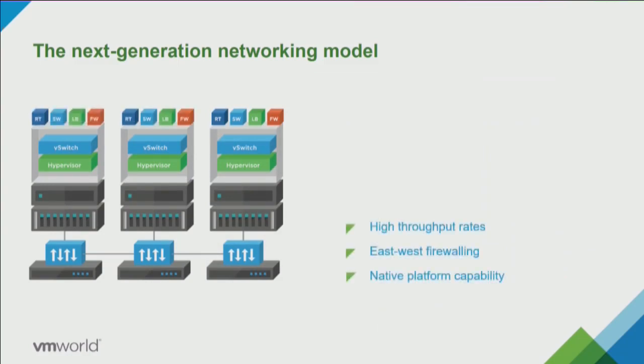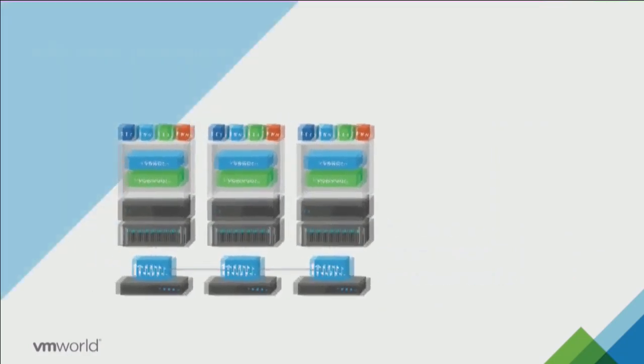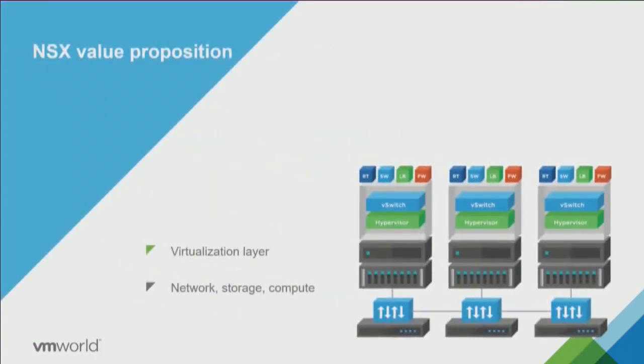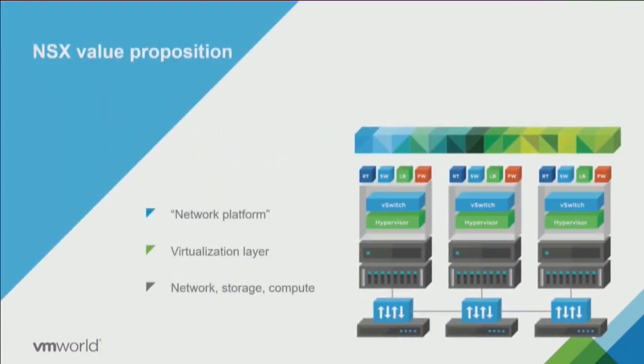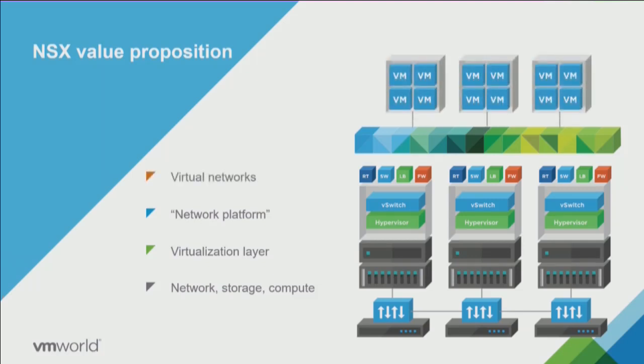Then we take this, replicate it across all of your hosts, and what do we end up with? We end up providing a virtual network layer across your entire data center. All of these things work together, the same way that vSphere gives you the appearance of having a large set of compute that you can allocate as you like, and we can do the same thing here with NSX.